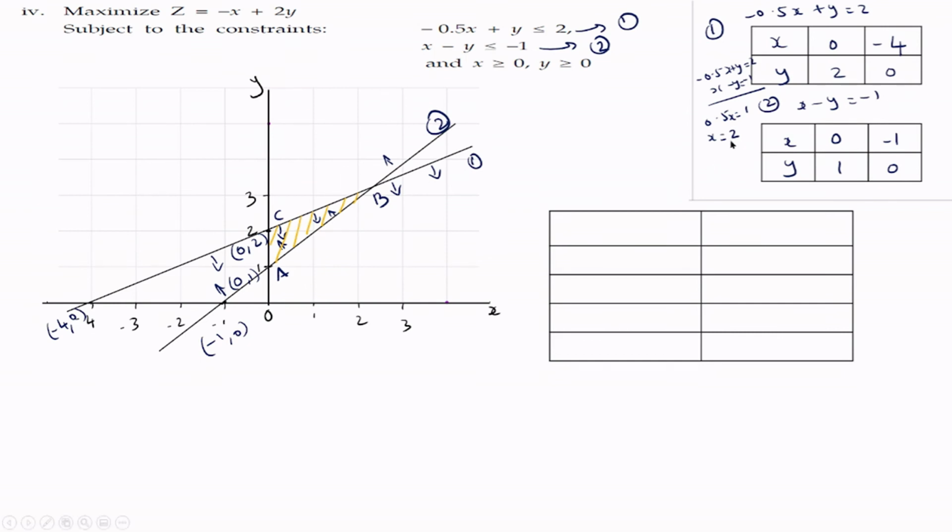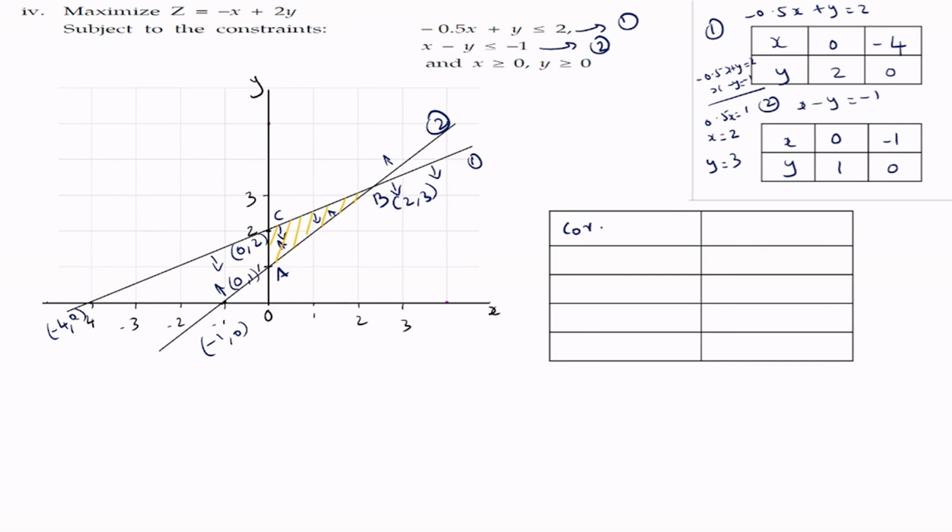Now when x is 2, if we substitute in the second equation x minus y equal to minus 1, we get y is equal to 3. So the coordinates for B is 2, 3. If we draw this on a proper graph sheet, then we can get the coordinates very easily. So the three corner points are A 0, 1, B 2, 3 and C 0, 2.